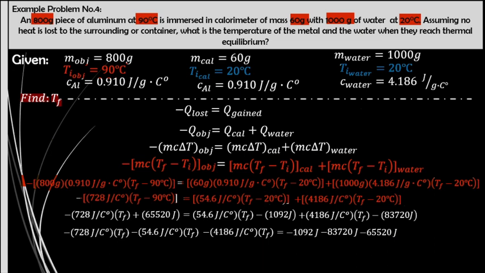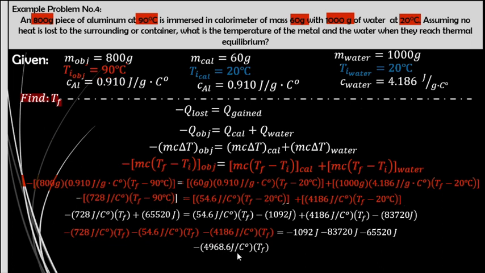And simplify our solution. So let us combine negative 728 minus 54.6 minus 4,186. It will become negative 4,968.6.